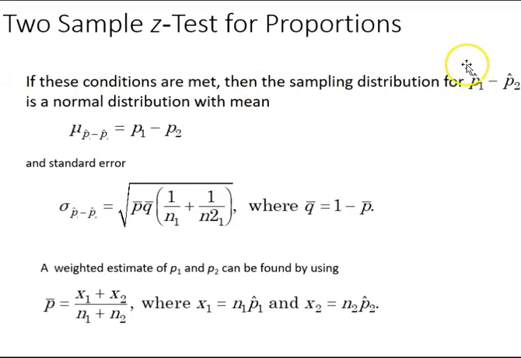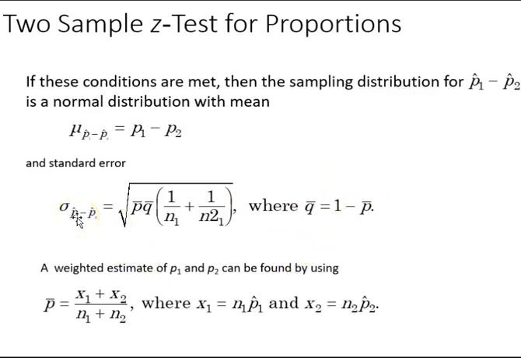The sampling distribution for the difference of proportions between two samples is normal, and the mean is the mean of differences between proportions. With standard error, shown down here, p bar times q bar times the quantity 1 over n1 plus 1 over n2, where the complement q bar equals 1 minus p bar.